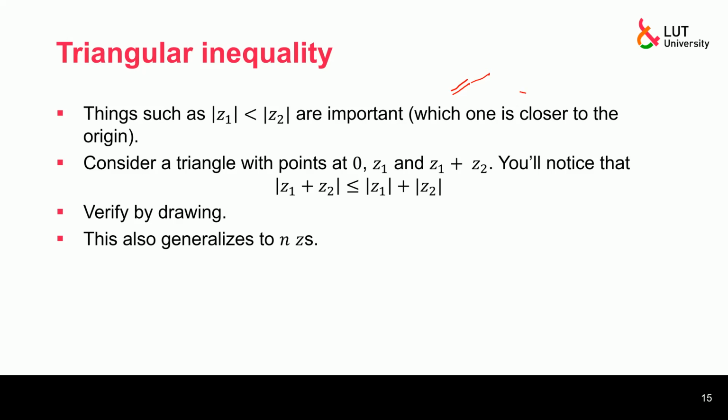But if we add two complex numbers that point in different directions, then the resultant vector is not as long as these lengths would be individually. So if this is the Z1 length and this is the Z2 length, then those together are greater than the resultant Z here.